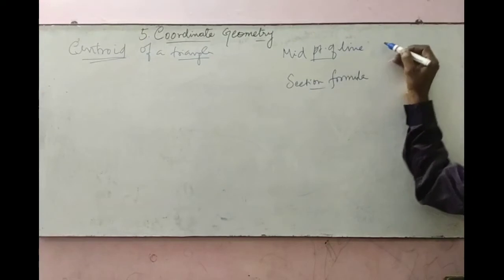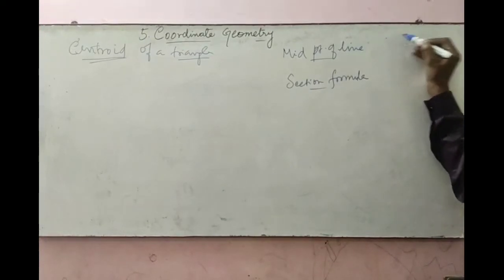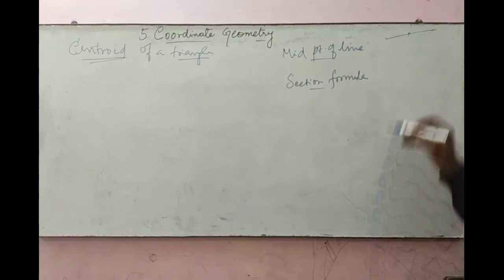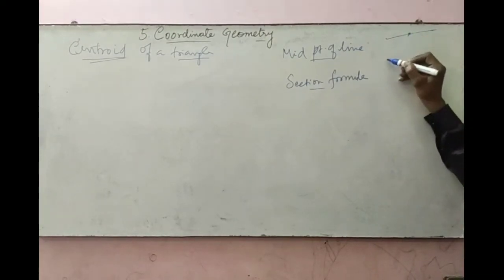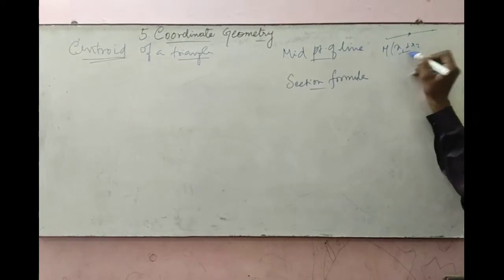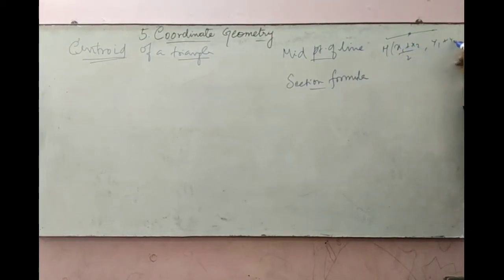Midpoint means if any 2 points are given, if those 2 points are joined, you will get a line. The formula to find the midpoint is M of (x1 plus x2) by 2 comma (y1 plus y2) by 2.